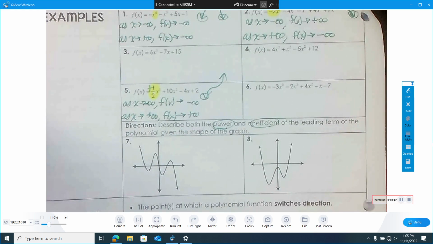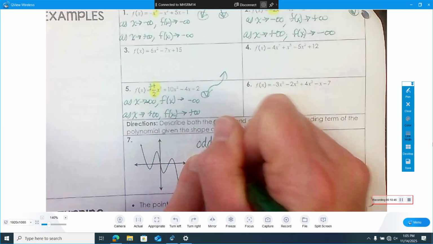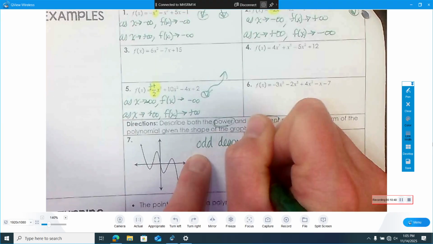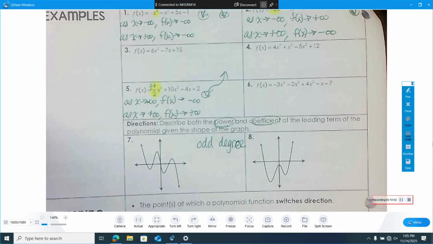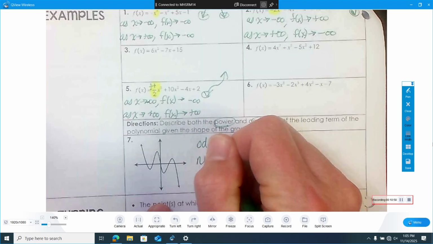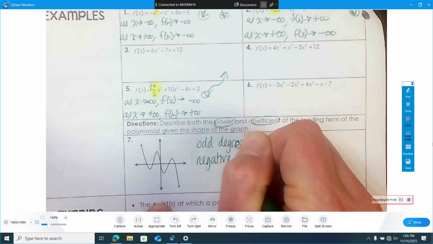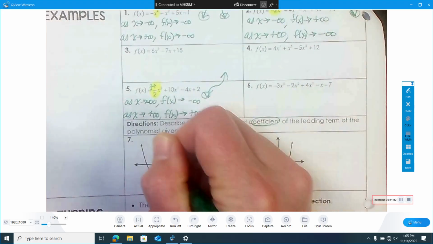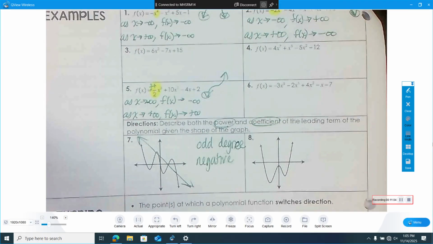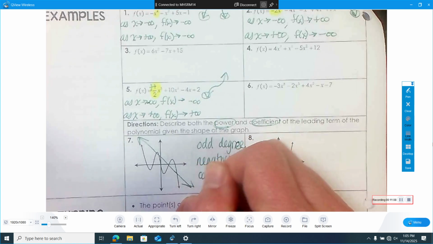It is an odd power. Very good. So it's definitely an odd degree. D-E-G-R-E-E. It's an odd degree. And is the coefficient positive or negative? Yeah, how do we know it's negative? Yeah, because it's going downhill overall. It is a decreasing sort of function. It has a negative coefficient.